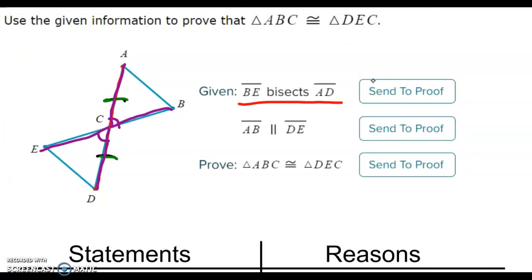Okay, so just to revisit here, let's clear this up so we can more clearly see what we're looking at. We have these two sides congruent, and we have these two angles congruent. Now, let's think about what else they told us. They said that AB is parallel to DE.